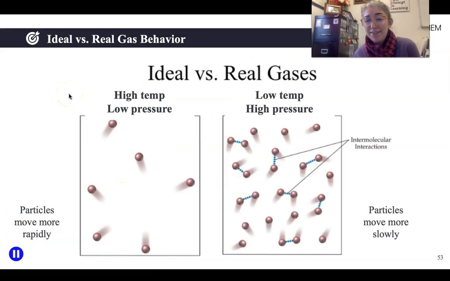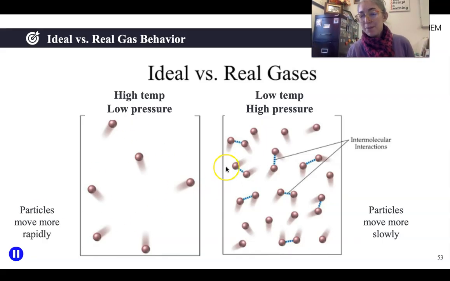Ideal gases behave ideally, in order for them to follow the behaviors of kinetic molecular theory, for all those things to be true, under circumstances where it's high temperature and low pressure, and they can move fast and they're bumping off each other.